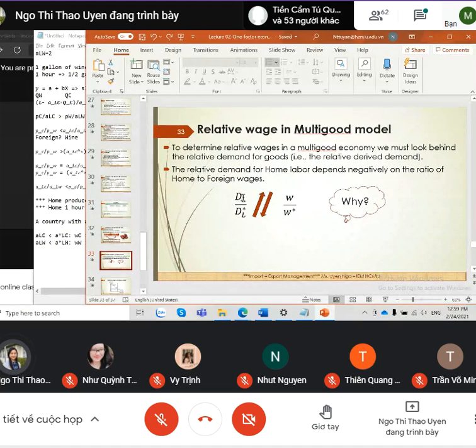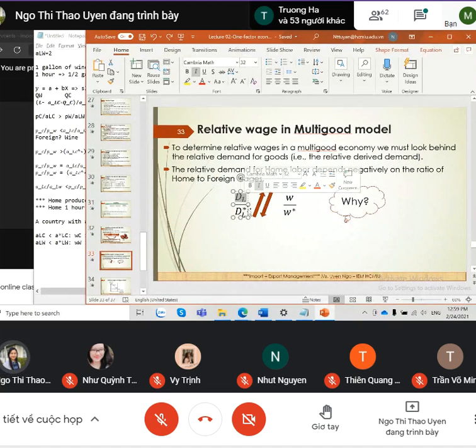And there's another thing: the demand for labor of home over foreign, which we call the relative demand of labor, moves in the opposite direction to the relative wage of home to foreign.